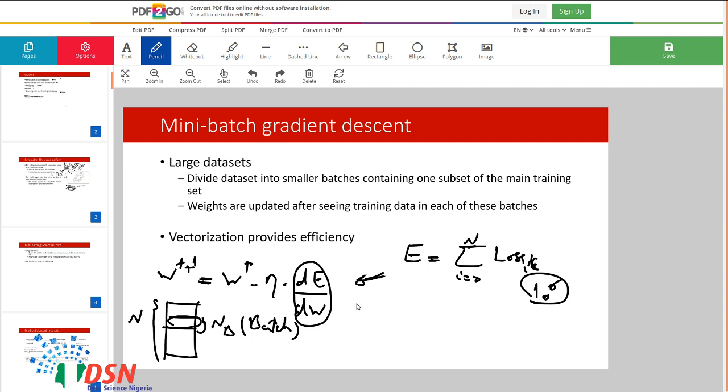So instead of having a large computational cost in calculating the derivative, for example running backpropagation 1 million times, if we choose a batch size of 16, we just need to run the backpropagation algorithm 16 times to derive this term.